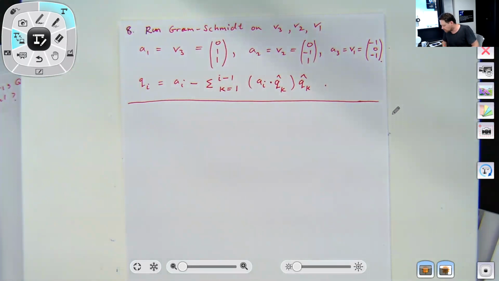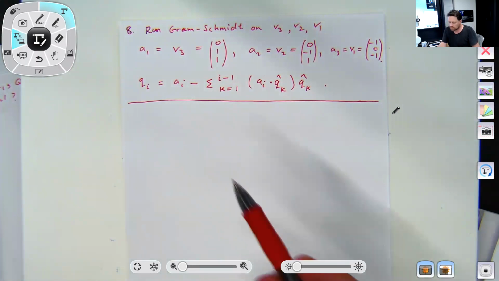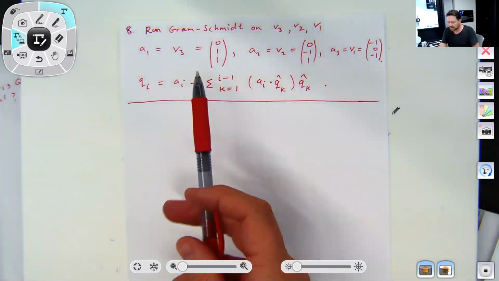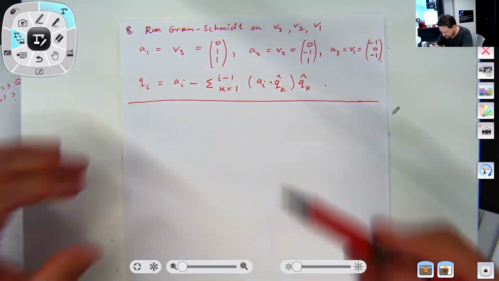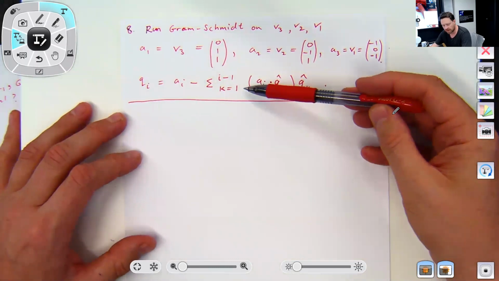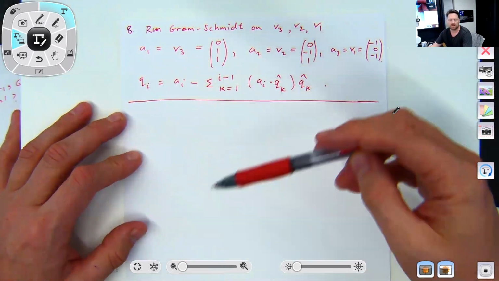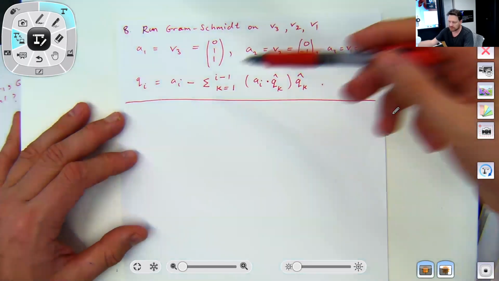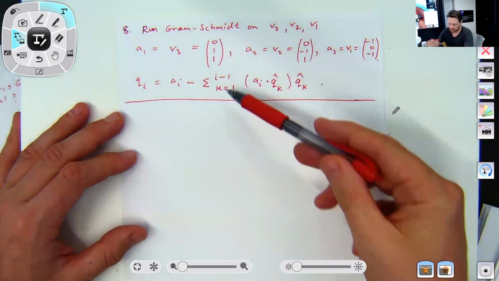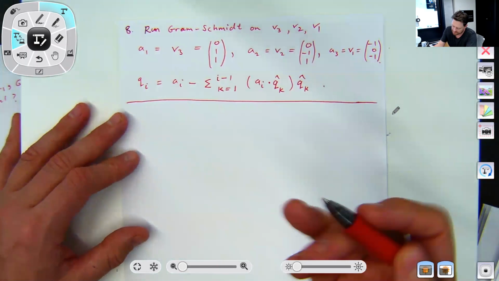So we'll first note that in the sum, when we put in i equals 1, we've got nothing in the sum, because this says sum from k equals 1 up to 0 in the case that i equals 1. And so that's actually nothing because the top is less than where we start, and that's the convention here.